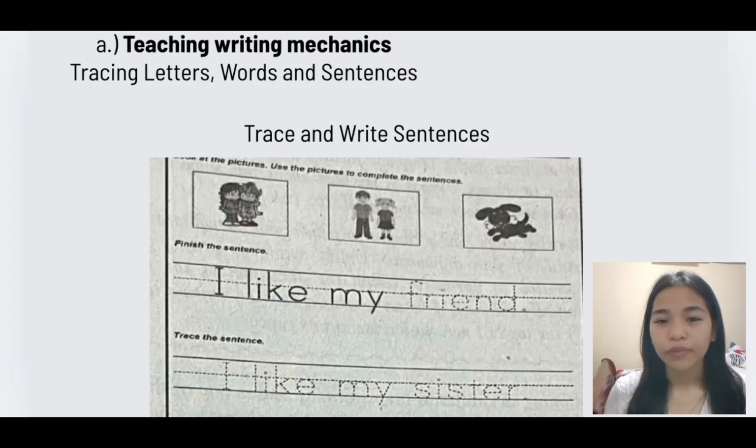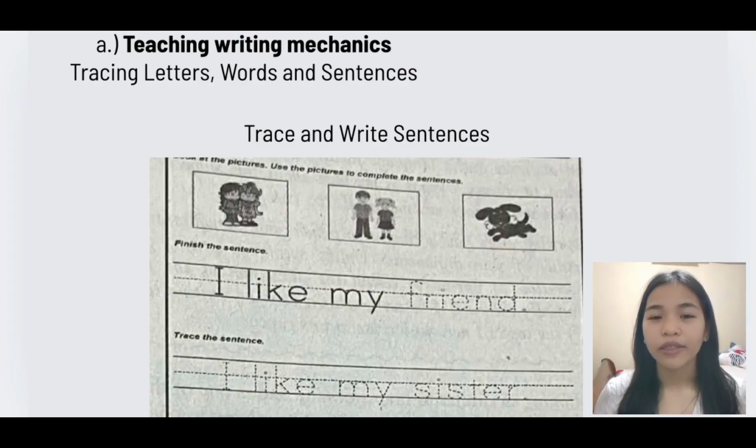So as students, the teacher is preparing us, and tracing letters or words is a step for us to learn more than just tracing words and sentences. It also helps us combine and recognize the words and sentences.